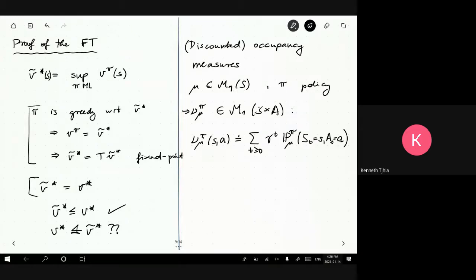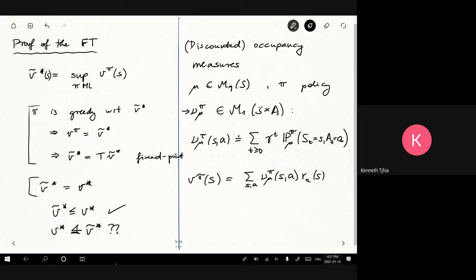All right. There is something really nice about this definition. It's very useful to study the values that a policy is going to take. If I care about the value of this policy at state S, I can just write it as the sum over all state action pairs, weighted with respect to this discounted occupancy measure, of the immediate rewards in those state action pairs.